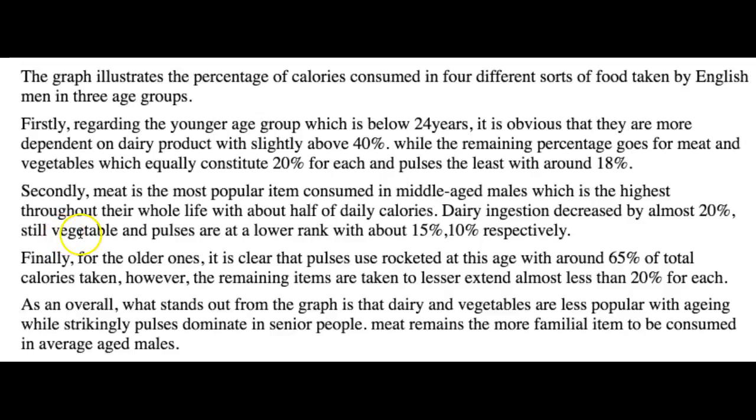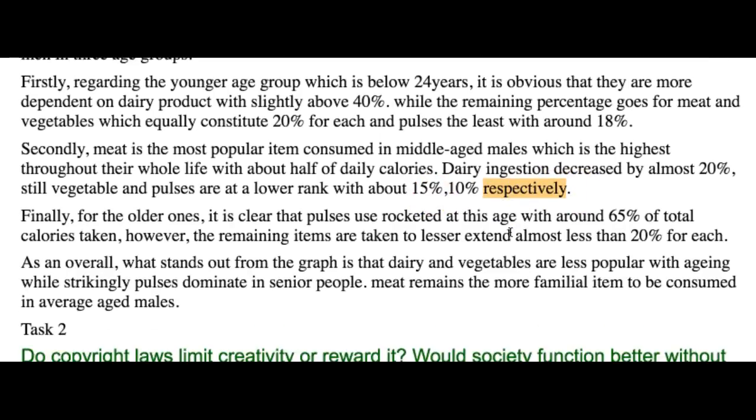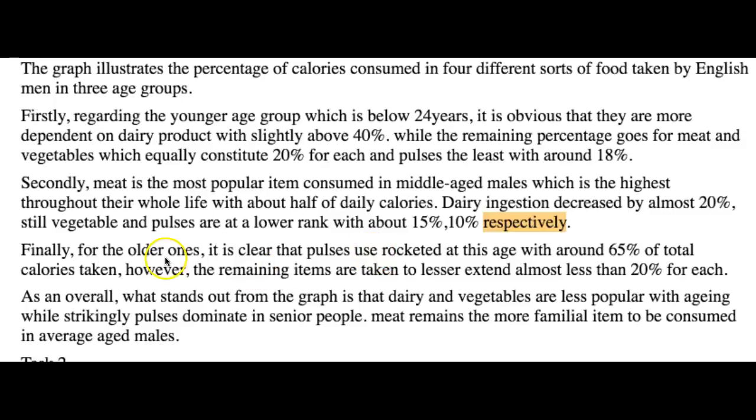Still, vegetables and pulses are at a lower rank with about 15 and 10% respectively. Very good. Use the respectively sentence. Finally, for the older ones, it is clear that pulses rocket is more for line graphs, so don't use it in the bar charts.